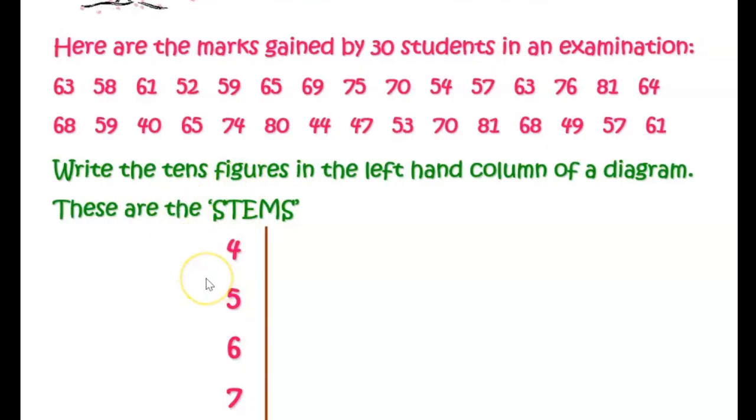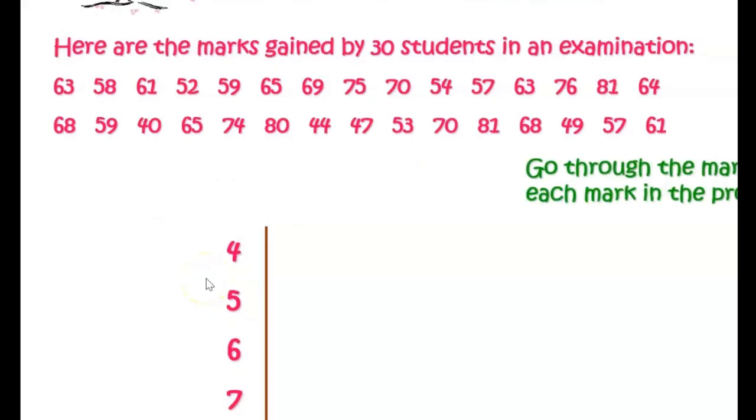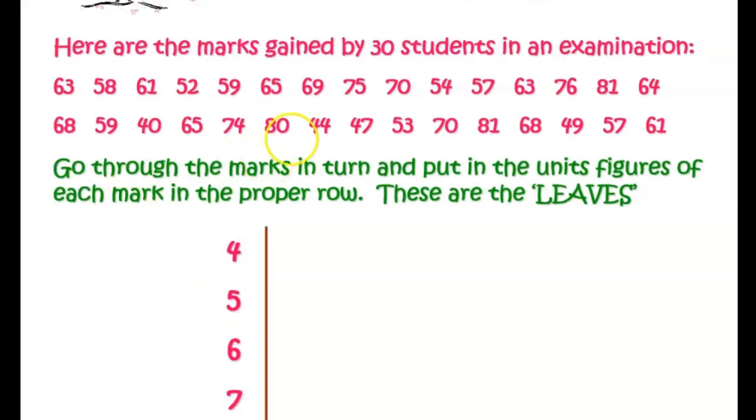Now we're going to put in our leaves. So go through the marks in turn and put in the unit figure of each mark in the proper row. These are the leaves. All the unit numbers will represent the leaf. Let's look at the first one, 63.